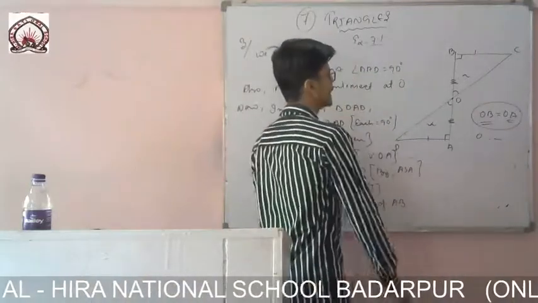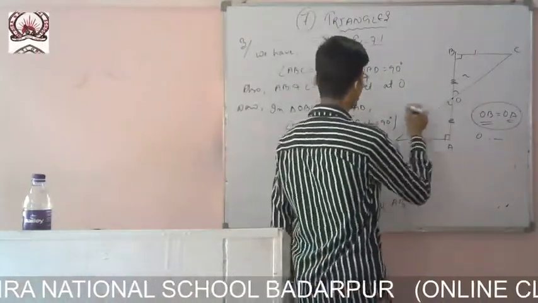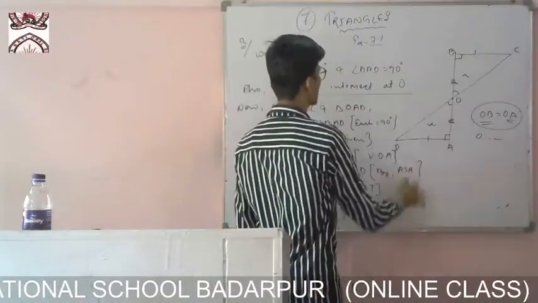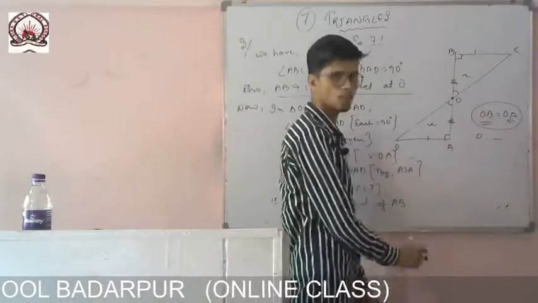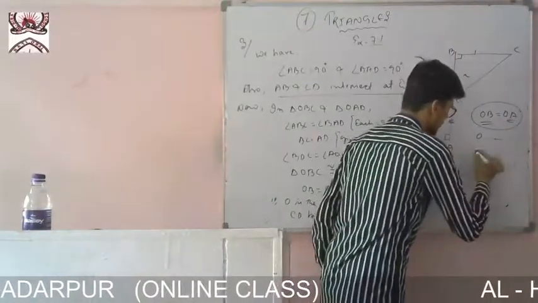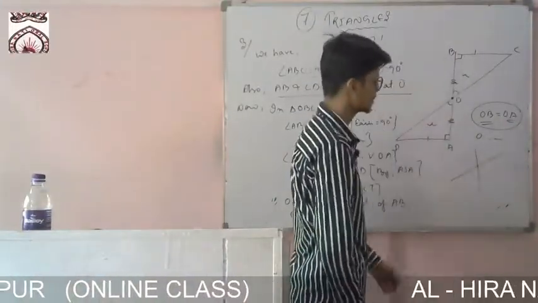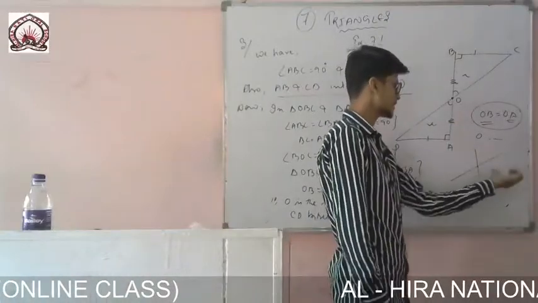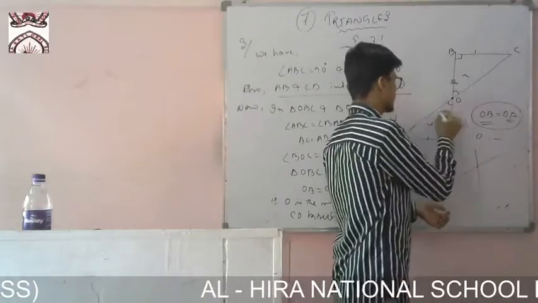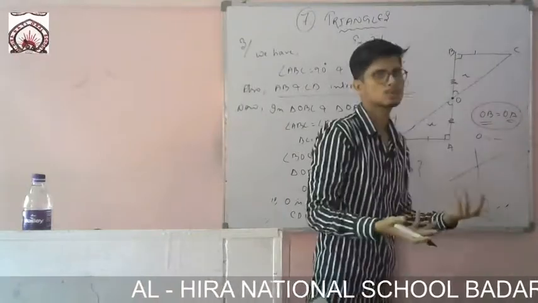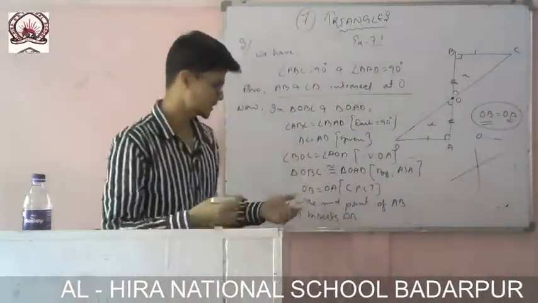And earlier I said that this line intersects this line, that is BA, at O. So this line is in two equal parts. That means this line has bisected AB into two equal parts. So CD bisects AB.